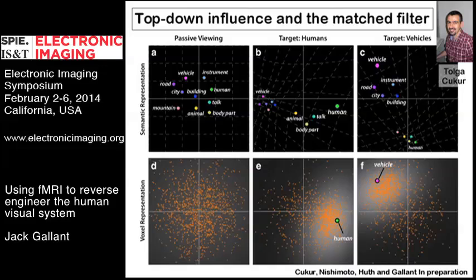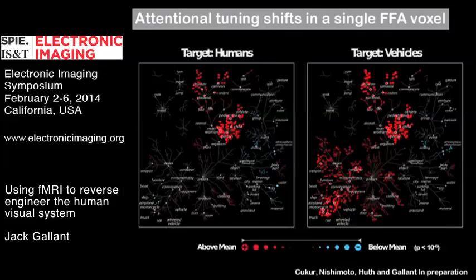And then if we ask the person or the system to attend to vehicles, then the neurons or voxels would shift up towards vehicles, overrepresenting this part of the semantic space and leaving this part of the semantic space underrepresented. And this is a sort of a matched filter mechanism, right? If you have fixed hardware, this might be an optimal way to try to expand some part of the semantic space at the expense of other parts. And it turns out this actually happens.